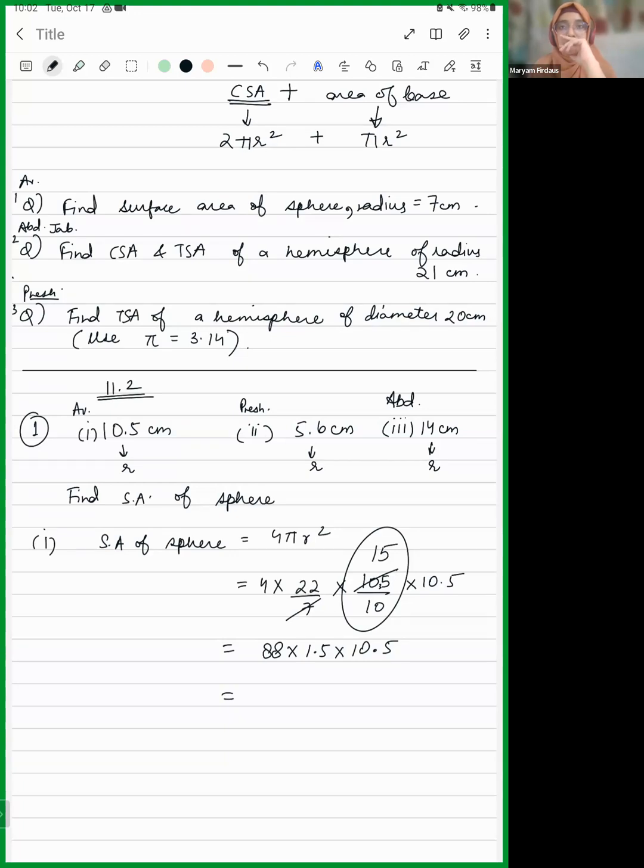Okay, ma'am. Ma'am, is it 1386? Very good. Yes, it is. Okay. Now, Avni, try the second one in a similar manner.